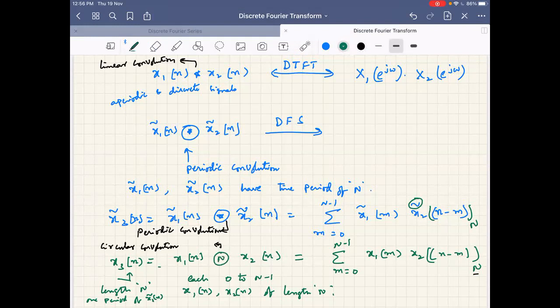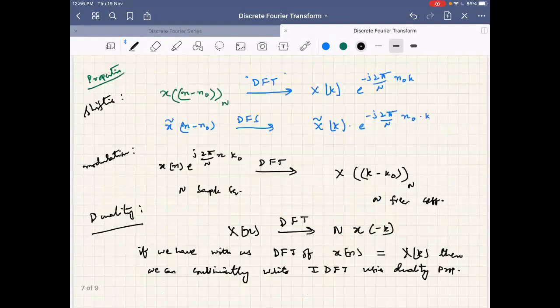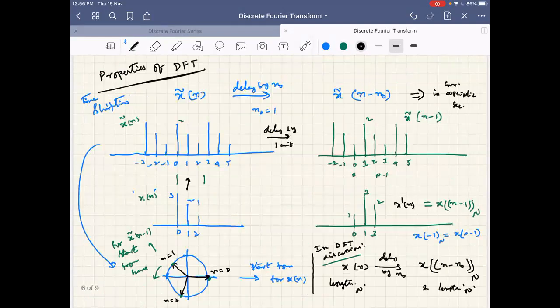But how are we computing this convolution sum? By assuming that these samples are, as we discussed here, circularly spaced in time or in frequency, and then the shift also happens.